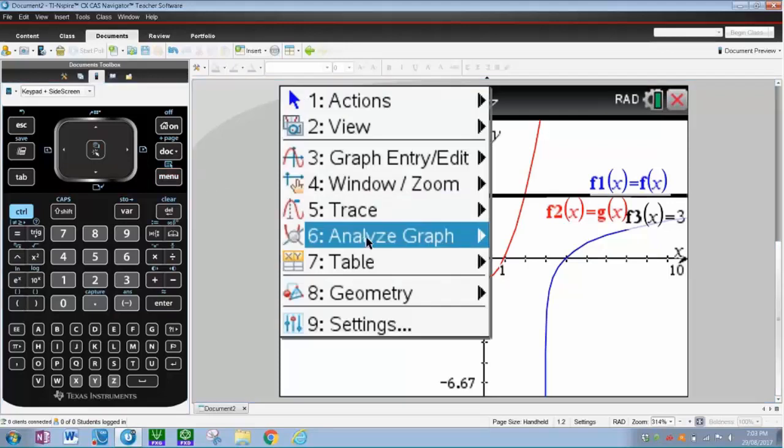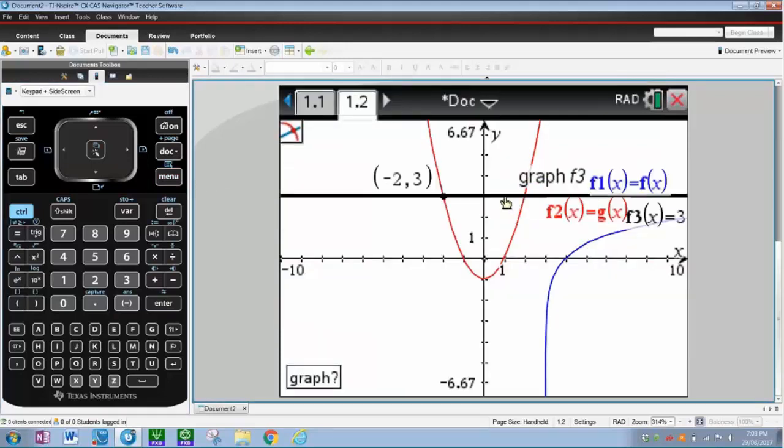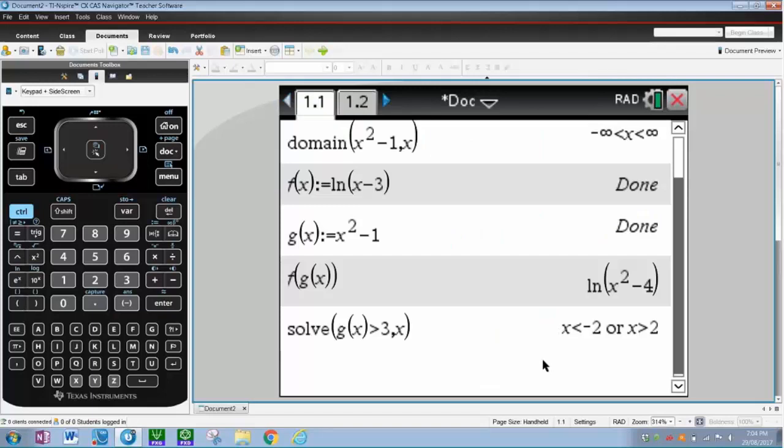Repeating the procedure for the other point, graph f3, graph f2, left, right, we get 2, 3. So as you can see, the parabola will have a range of greater than 3 when x is less than -2 or x is greater than 2, as shown in the equation over here.